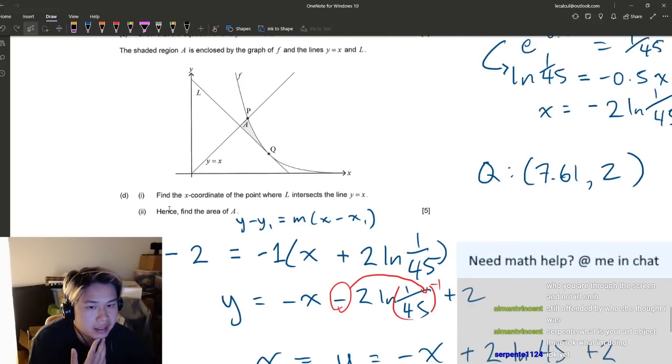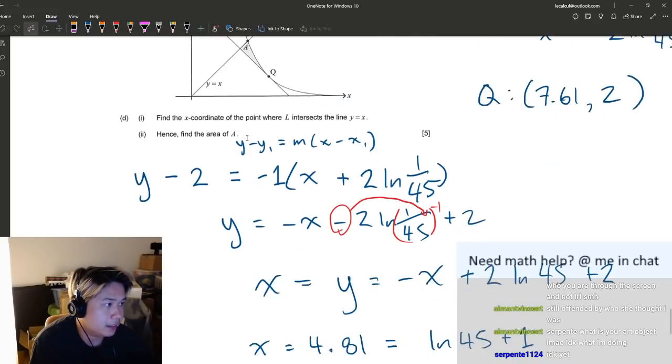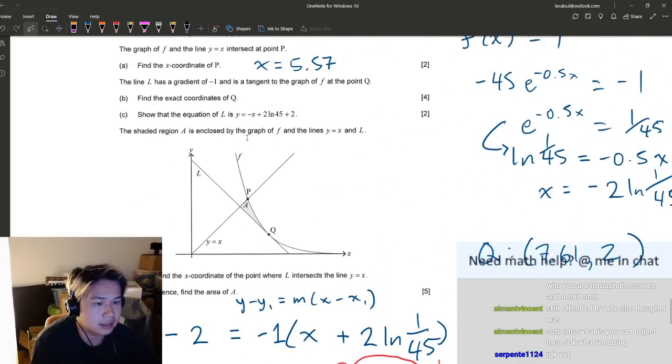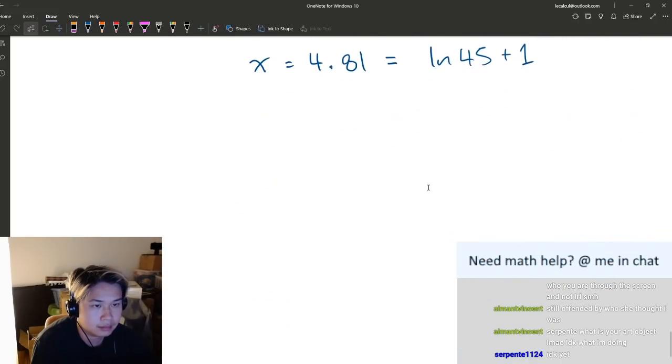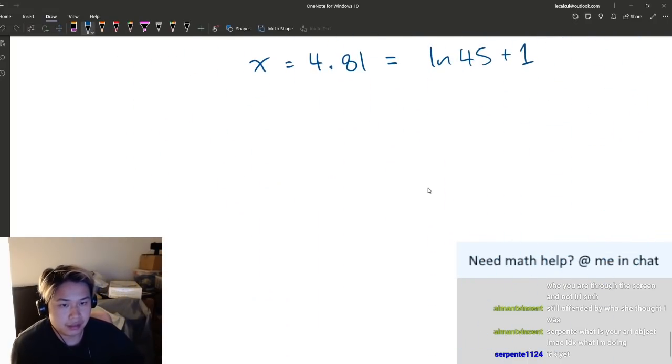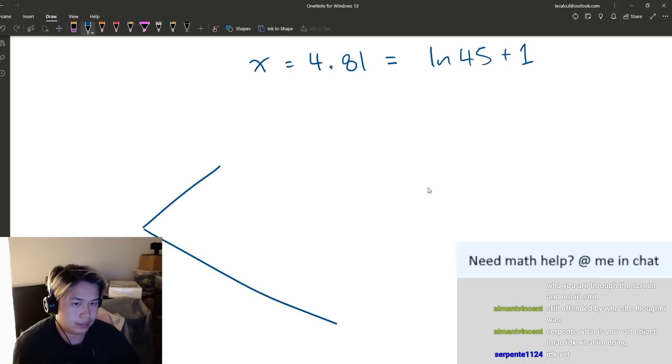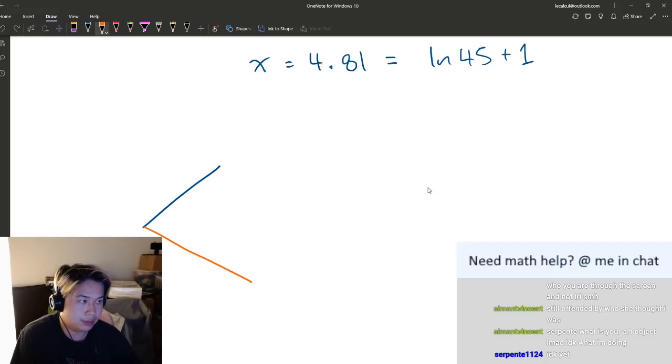Okay, then we need to find the area of A. So this one's the doozy. Yeah, and it's worth the most marks. So look at what you have. You have 3 things happening. You have the line y equals x, which is the blue one. You have the tangent line, L, which is in orange.